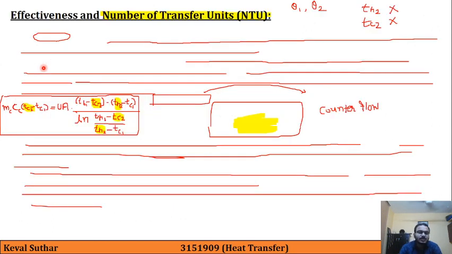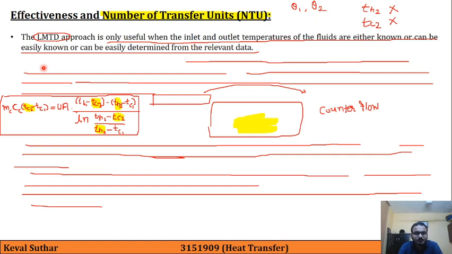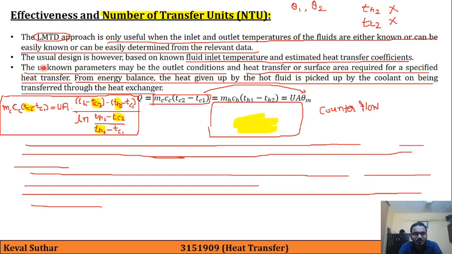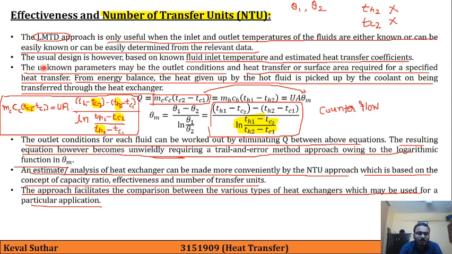The next theory is effectiveness and number of transfer units. The LMTD approach is only useful when the outlet conditions are known. But in the real case, the outlet condition is not available, and we need to calculate them, as well as the heat transfer and surface area.